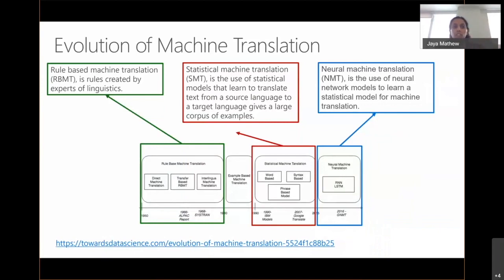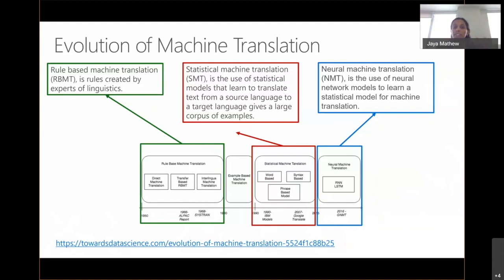You have a bunch of rules generated by expert linguists who understand the two or multiple languages. They generate a whole bunch of rules in terms of syntax, gender, plural, singular, etc. But this is not really scalable, but that's what was used from the 1950s to the 1980s.